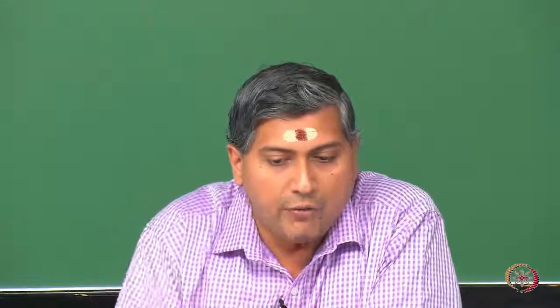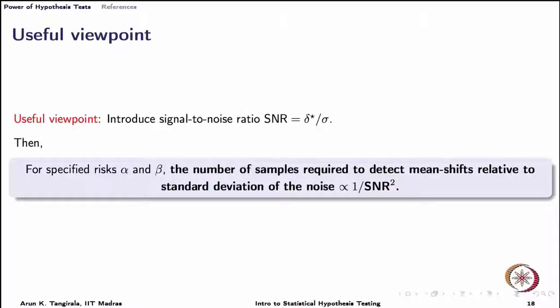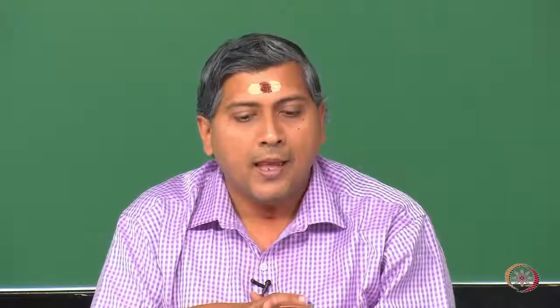So, if you were to define the signal to noise ratio as delta by sigma, this signal to noise ratio is different from the usual signal to noise ratio that one encounters in signal processing or data analysis, in parameter estimation and so on. This signal to noise ratio has got to do with the signal that I want to detect, which is a deviation delta in the presence of uncertainty, which is characterized by sigma.